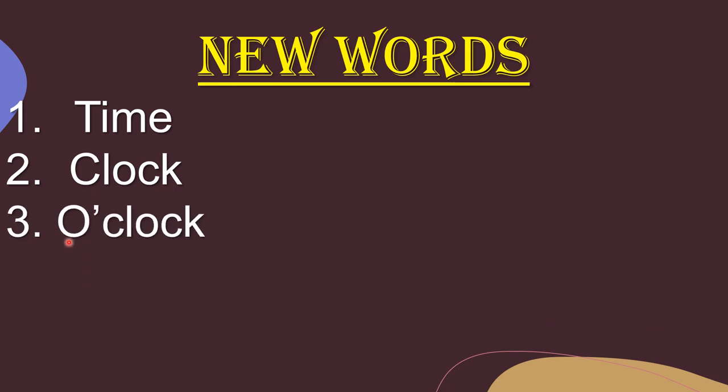Number 3, that is o'clock. O-C-L-O-C-K, o'clock. Number 4, that is half past. H-A-L-F, half. P-A-S-T, past. Half past means when half of our way is covered, then what do we call it?